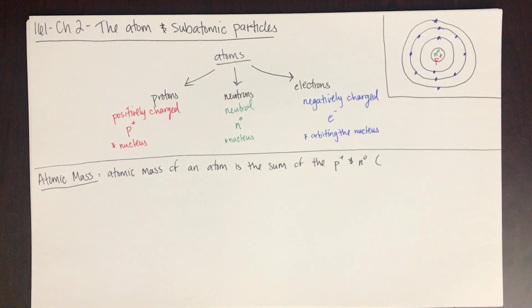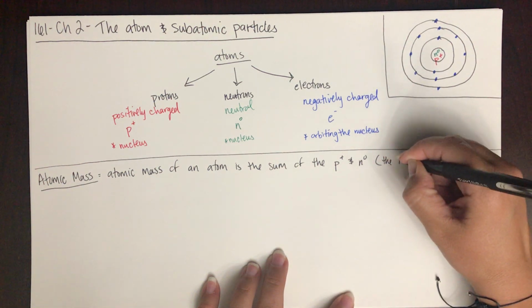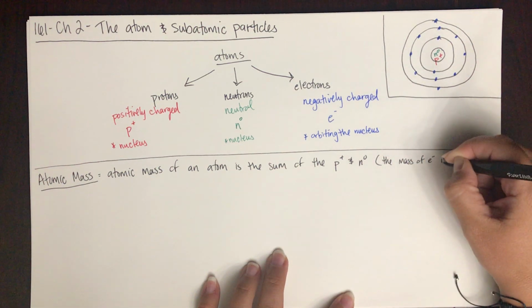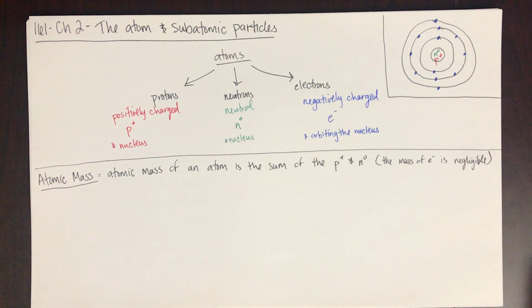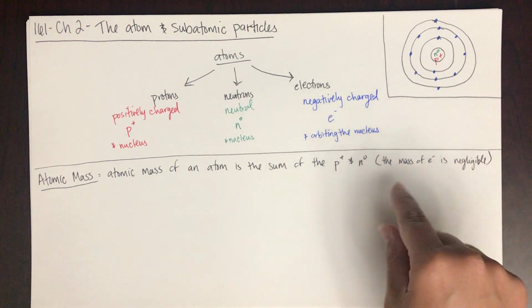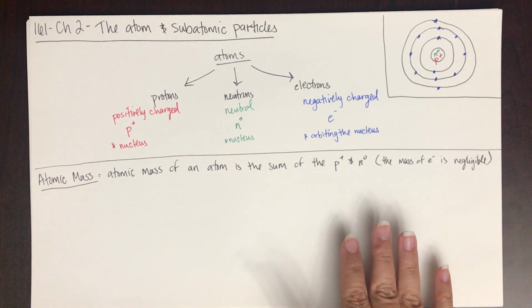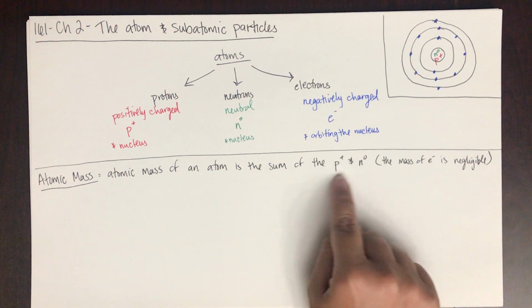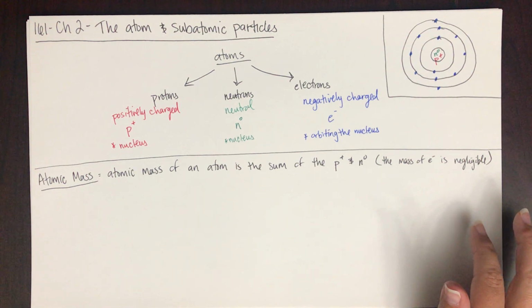It's not the sum of the protons, neutrons, and the electrons because the mass of an electron is negligible. What negligible means is that it's so small that we assume it's 0. Now it's not really 0, but it has about 2,000 times less mass than a proton or a neutron. So the atomic mass is really just due to the mass of the protons and neutrons, because the mass of an electron is so small that it's negligible.